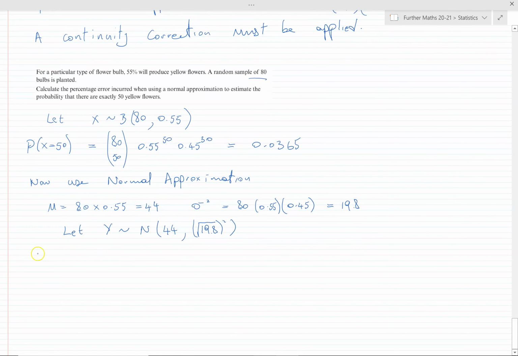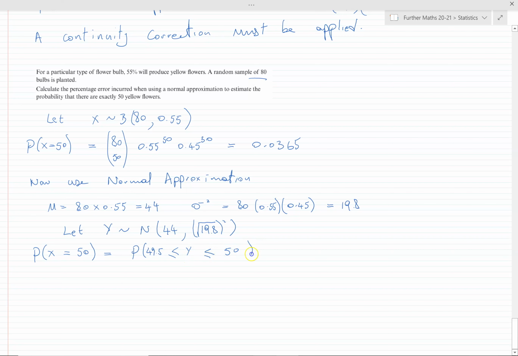So what I'd like to do is say, right, we want to find the probability that X is equal to 50. Now in the previous video I said use CC to show that you're using a continuity correction. We don't really need to here, because I've defined this using Y, so I don't have to write CC. You can if you want. The probability that Y lies between 49.5 and 50.5.